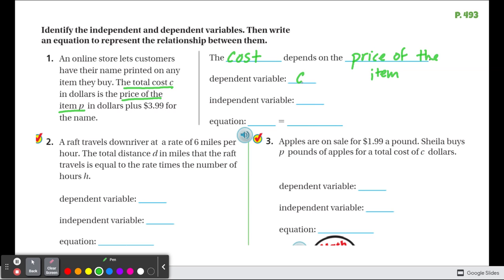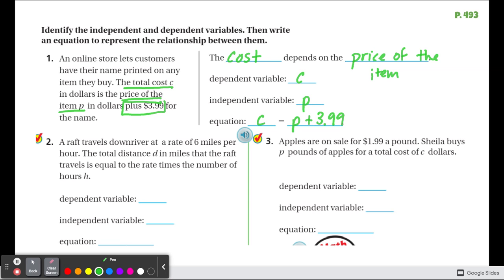And if our cost is the dependent, that means that the price is the independent. And to write our equation, we could say the cost is the price in dollars plus $3.99. So whatever the price of the item is, plus the $3.99 to personalize it and put their name on it.